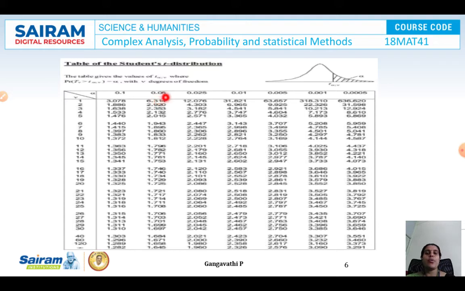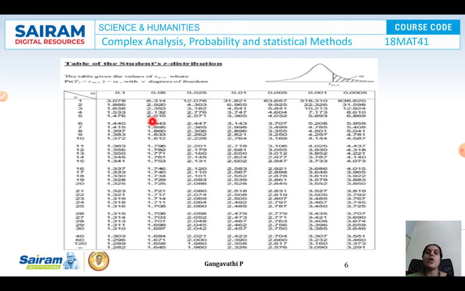We are evaluating at the 5% level of significance, that is 0.05. For example, the degree of freedom is given as 5, and we evaluate the t distribution value at 5% level of significance. First move vertically down to 5, the degree of freedom given in the problem, and move horizontally till you get the 5% significance level, that is 0.05.